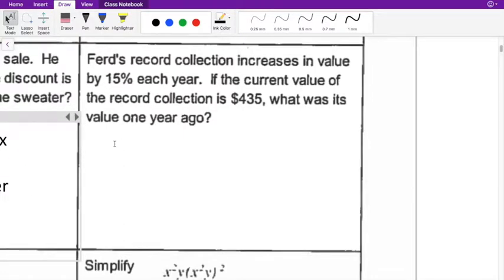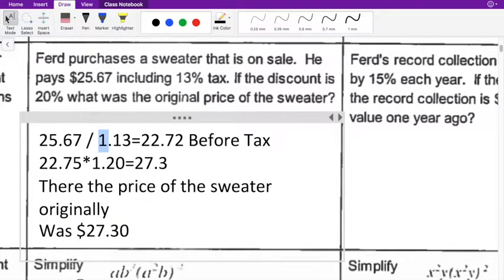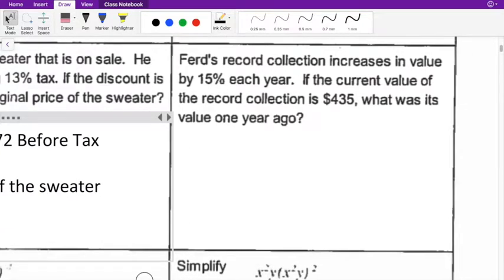Okay, so we're back. Ferd's record collection increases in value by 15% each year. If the current value of the record collection is $435, what was the value last year? This looks a lot like our question back here. We're going back in time. If I told you what's the value next year, you would multiply by 1.15.